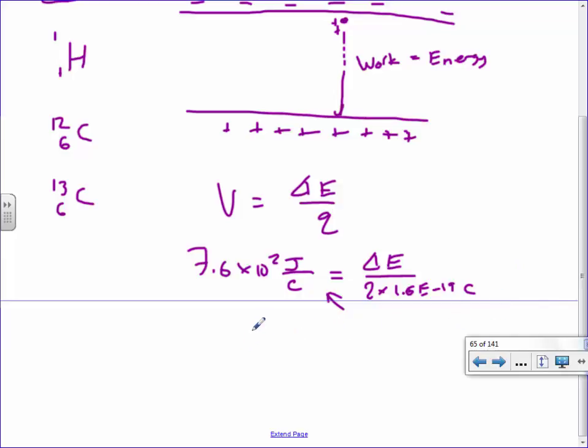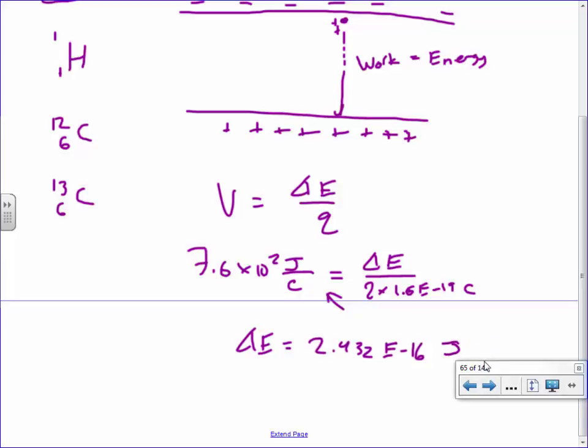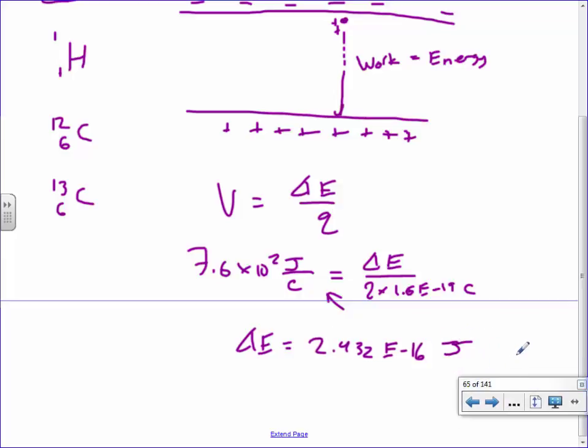So your change in energy is going to be equal to 7.6 times 10 to the 2 multiplied by 2 times 1.6 times 10 to the minus 19, there would be this much energy, 2.432 times 10 to the minus 16 joules.